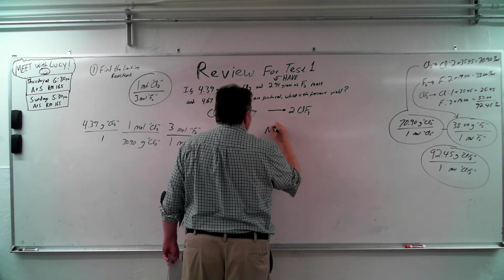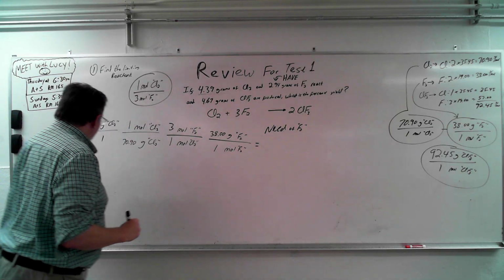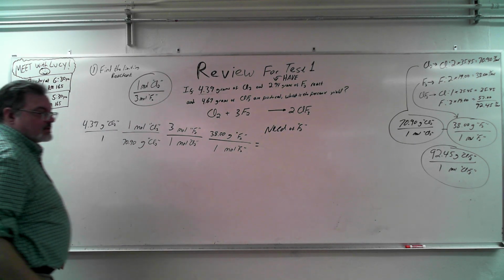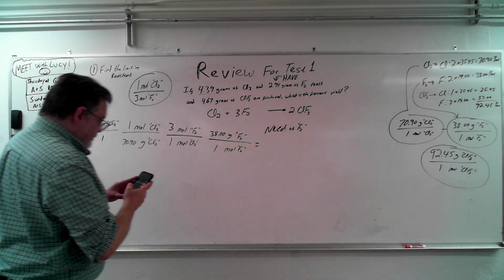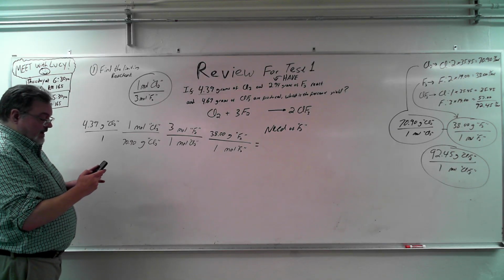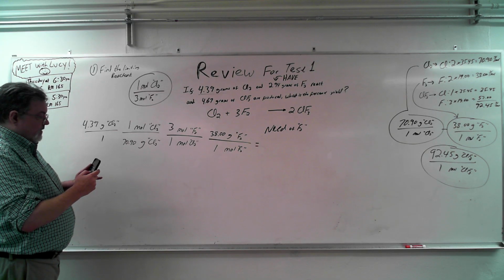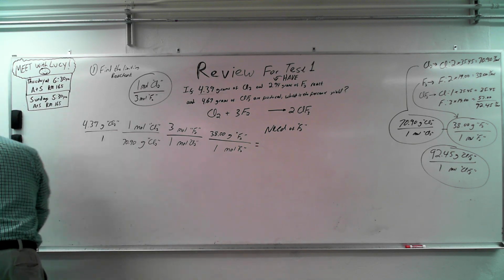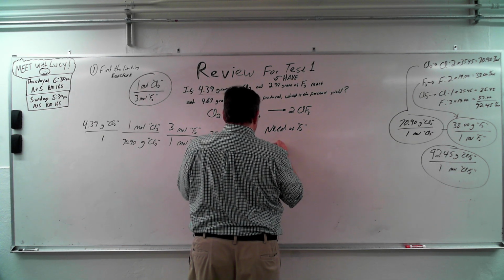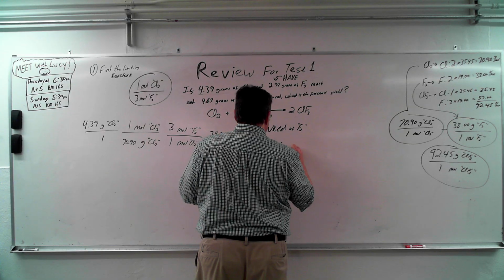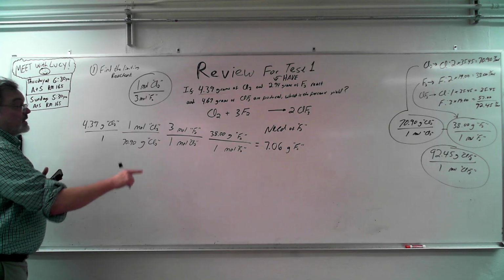Down here is how much I need. So what we're calculating is how much we need, and we'll compare it to how much we have. .39 times 3 times 38.00 divided by 70.9. And my calculator tells me, I'll go ahead and round it, 7.06 grams of F2. So that's how much we need, and that's how much we have.